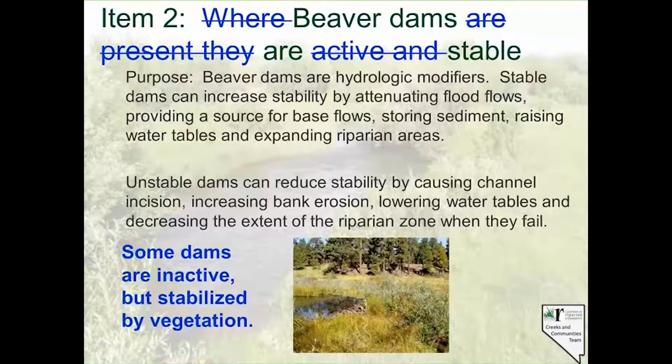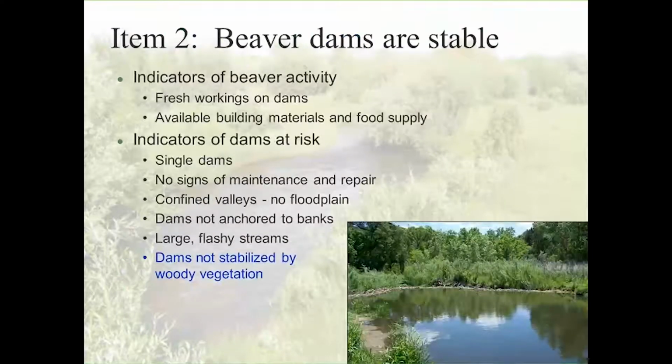So when you're looking for indicators of activity, the dams are usually pretty dynamic themselves. Beaver are backing water up, so the water wants to go up and around, and the beaver are continually working to stem the flow of water around it because they don't want that to erode and blow out. So you'll find newer sticks around the edges or in the middle where the water may be going over.